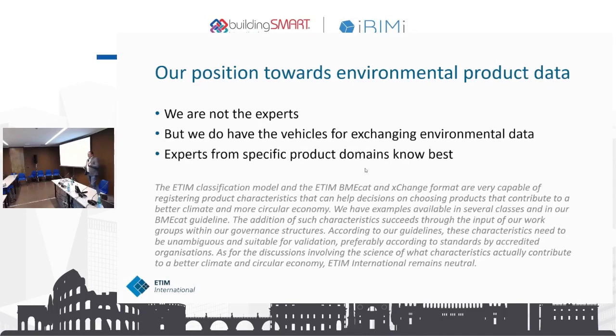But we do have the vehicles for exchanging environmental data. Some properties are very product specific and sometimes are being issued by eco-design rules for luminaires, for instance. And some things are generic. And we learned, as always, that experts from specific product domains, they know best what they need.